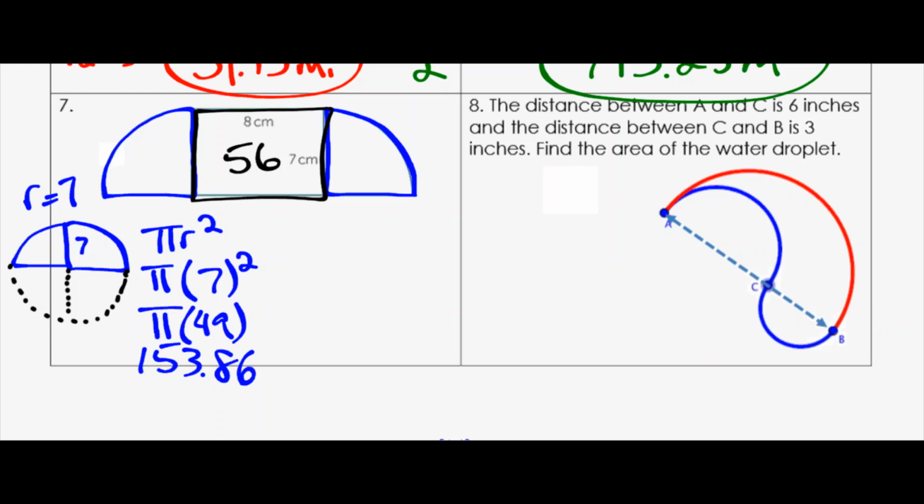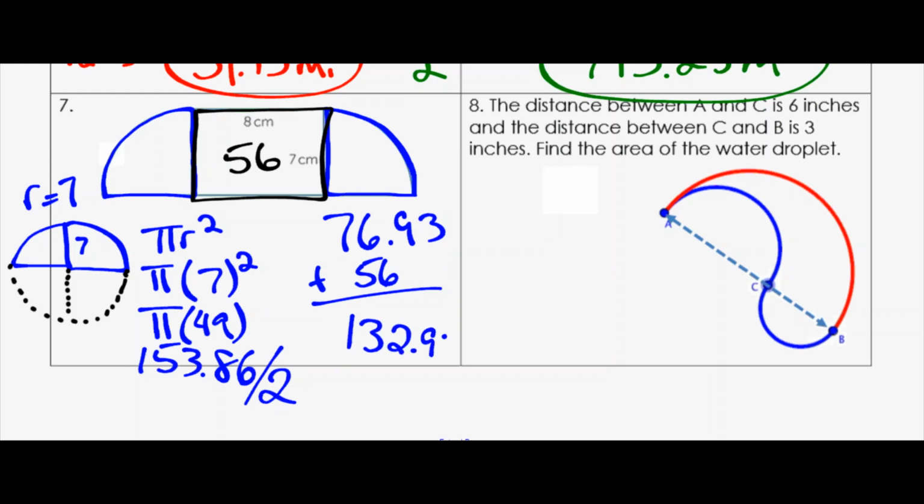One of the most common parts of this is just leaving it like that, because you feel like you did enough work already, but it's only half of a circle, so you have to cut that in half. So you're going to do that divided by 2, or times 1/2. Those are really the same thing. And I'm going to divide that by 2, and that gives me 76.93, plus the 56 from the rectangle. That's a total of 132.93 centimeters squared.